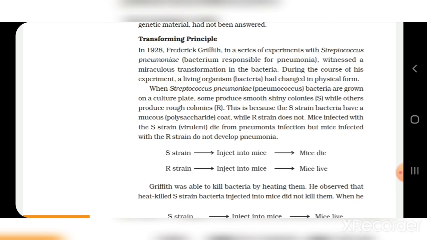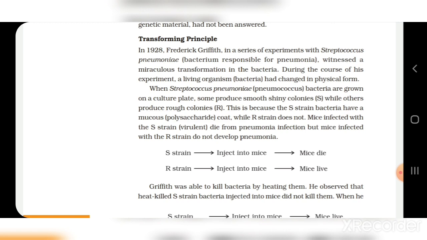So Griffith continued with a series of experiments where he injected an S strain into mice and found that the mouse developed pneumonia and finally died. Then he injected an R strain into mice, and he found that the mice did not get the disease and survived.